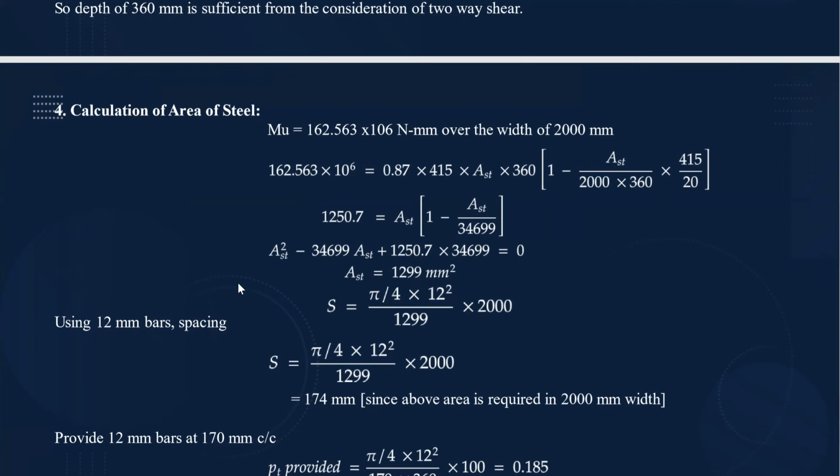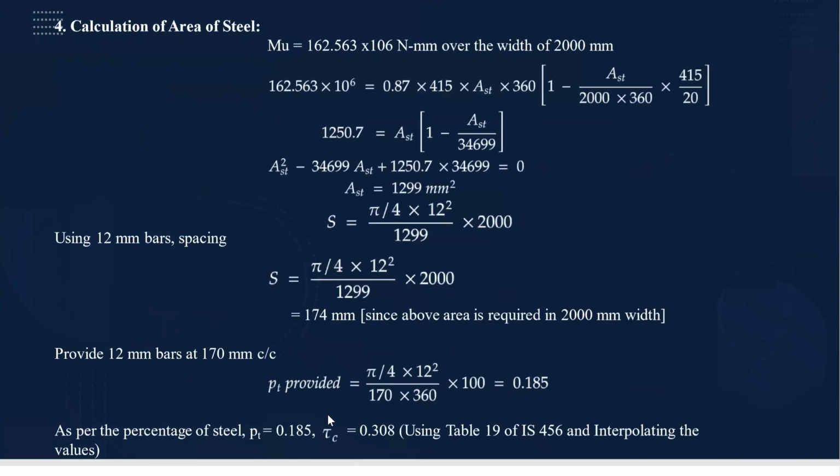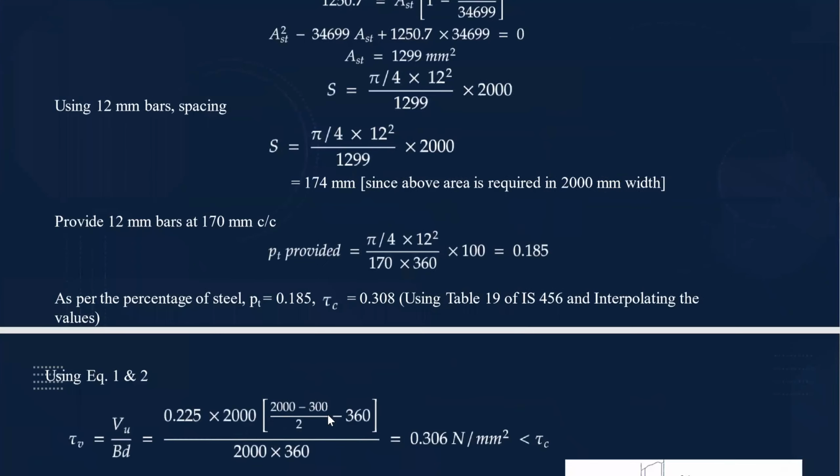Since we have calculated the area of steel, now the next step is to provide the spacing, which comes out to be 174 mm center to center. Sorry, 174 mm.